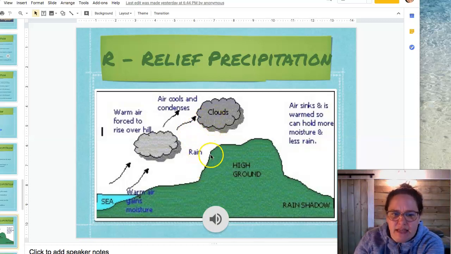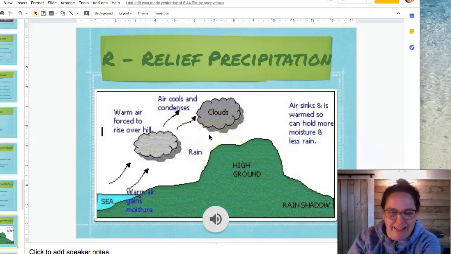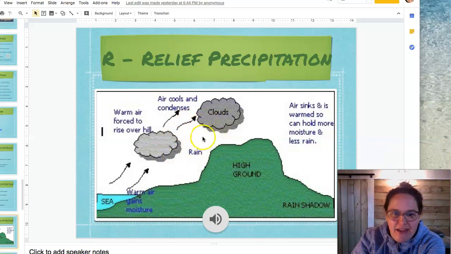So this is the windward side of the mountain. The windward side of the mountain is the side that gets all the rain. And it's because all those clouds have backed up like a traffic jam, and they all have to pee, for lack of a better analogy, and they just can't wait anymore, and eventually they relieve all of their rain and snow on this side of the mountain.